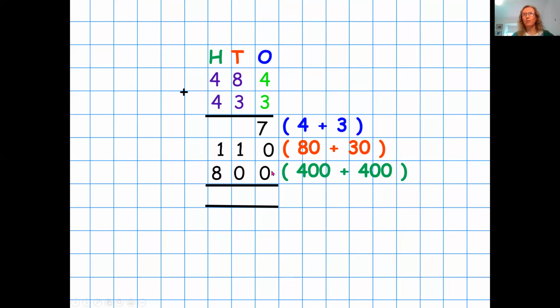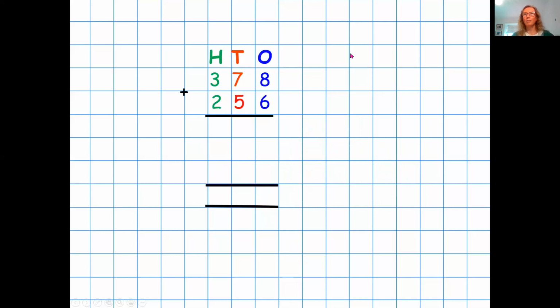So we look at the ones and we've got 7 ones, we've got 110, so we've got 10, and then we've got 100 and 800, which is 900. So we've got 900, add 10, add 7, which is 917. 9 in the hundreds column, 1 in the tens and 7 in the ones. So 484 add 433 is 917.